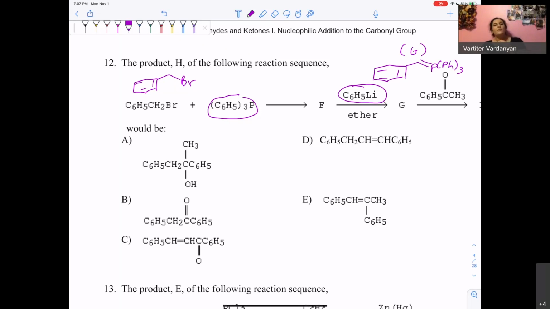He will pretty much never ask you for F, but if he does, it's just the intermediate where you have a single bond and a plus charge. So that would be F. But you can pretty much always skip that step and just get to G.